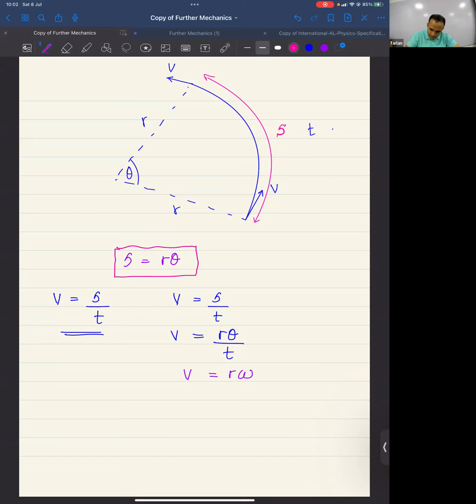So there's a famous relationship between the two speeds. One is the tangential speed or the instantaneous speed, which is v, the regular speed that we talk about. The omega is the angular speed or the angular velocity. So the relationship between the tangential speed and the angular speed is v equals r omega, where r is the radius. Understood?